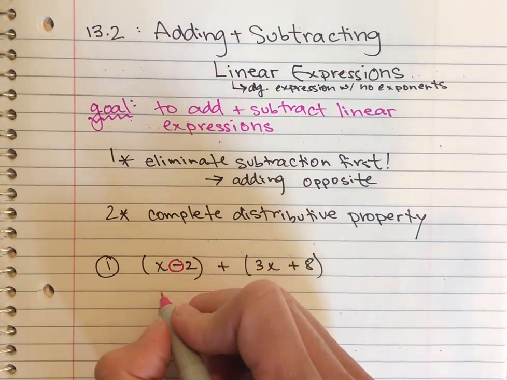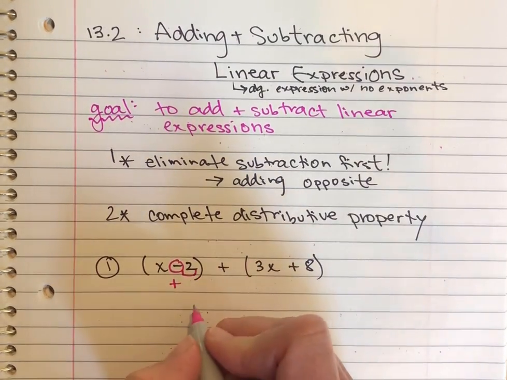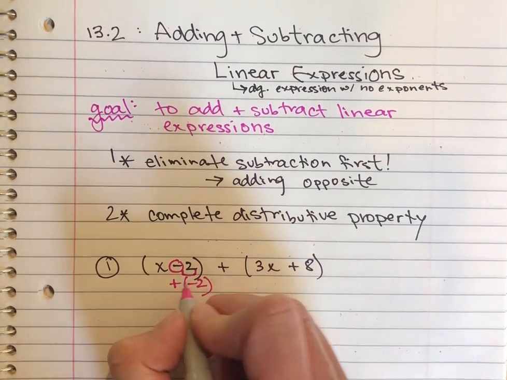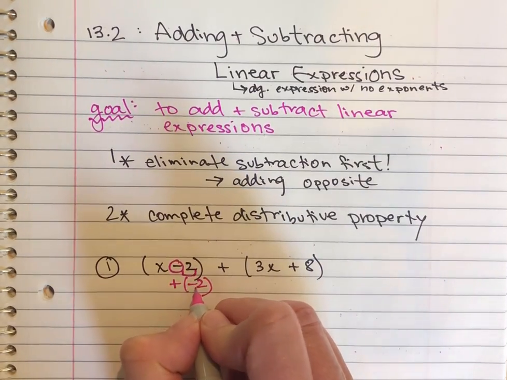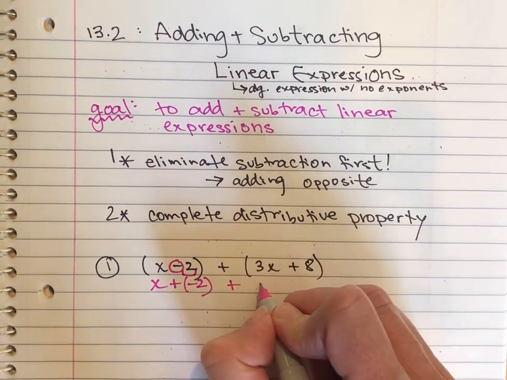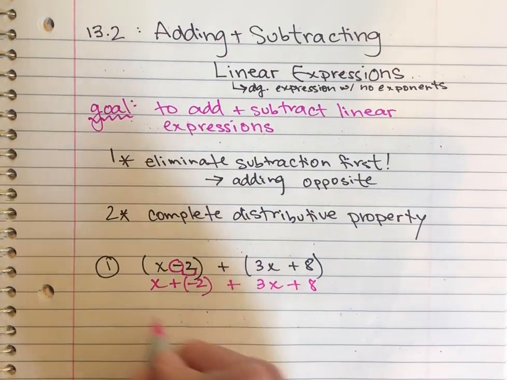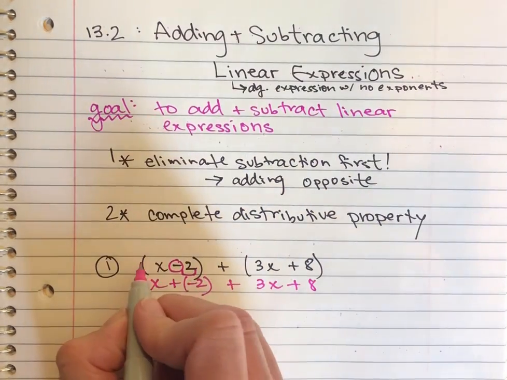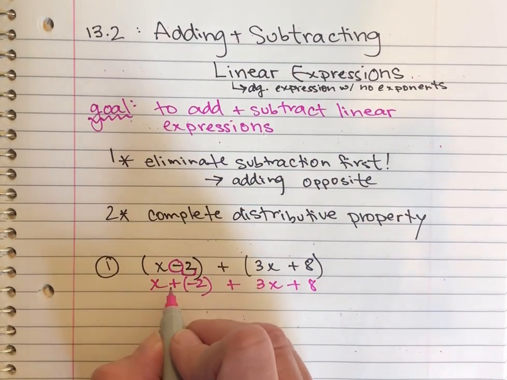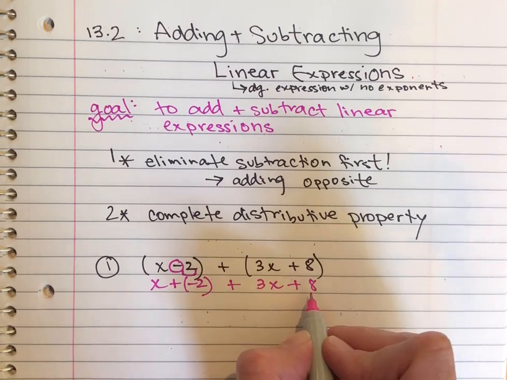Okay, remember, subtraction will change to addition, and the opposite of 2 is a negative 2. So we're adding the opposite. Drop down the x, drop down the addition, drop down the 3x, drop down the 8. Notice when I rewrote it, I didn't include the parentheses because commutative property says we can add in any order, and this is all addition now.